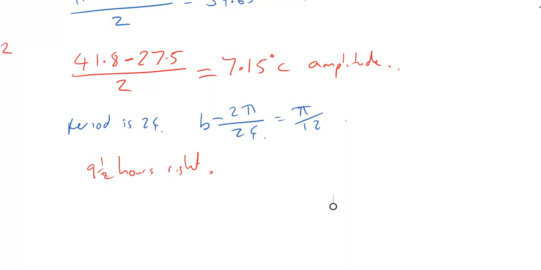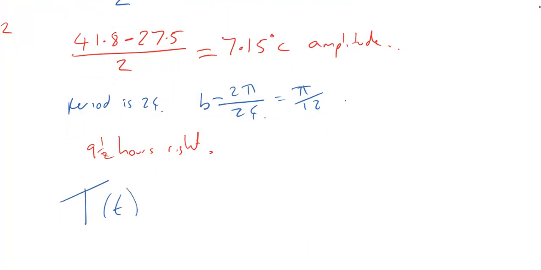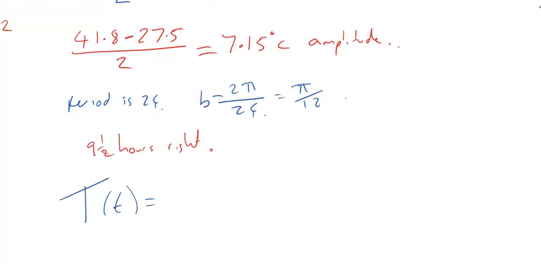Now, putting all this together, I don't know what we're going to call this. Let's call it T, right? Capital T for temperature. In terms of time, lowercase t, well, let's put it together then. So we've got the amplitude, 7.15. So it's 7.15 sine of, we know that we've reduced the period and we know what goes in front. It's pi over 12.